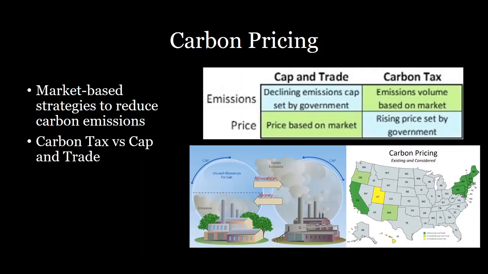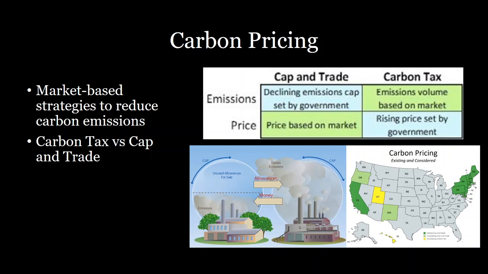So what are the differences between these two types of policies, carbon tax and cap and trade? A carbon tax is just a flat tax on however much carbon you're emitting. For example, if you're emitting a metric ton of carbon into the atmosphere, then you're being charged by the government some flat rate, such as $50.